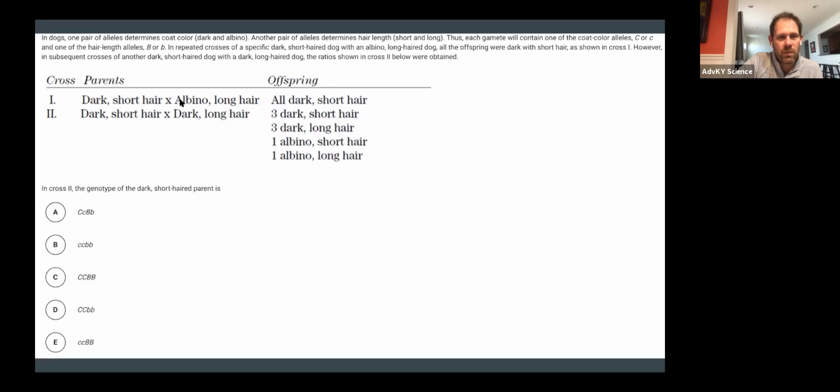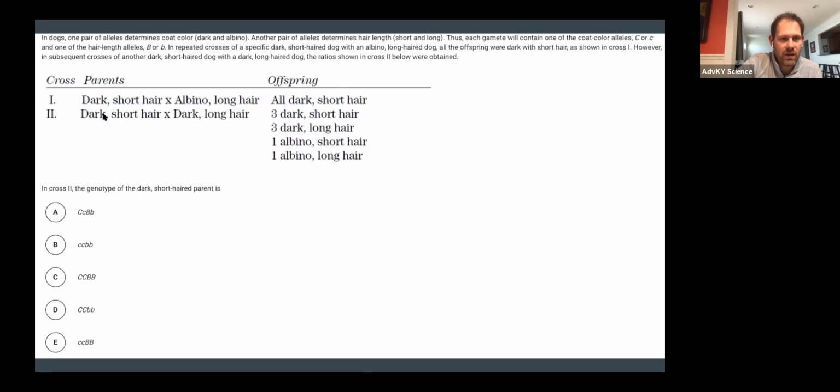I cross a dark short with an albino long, and when I get the offspring, they're all dark, they're all short. So that means dark has to be dominant to albino and short has to be dominant to long. So you look at the letters up here, big C would have to be dark, and big B would have to be short. So it's asking you, what is the dark short-haired genotype in cross 2?